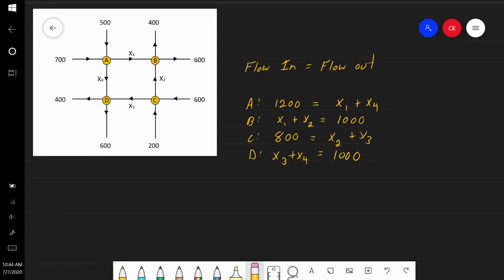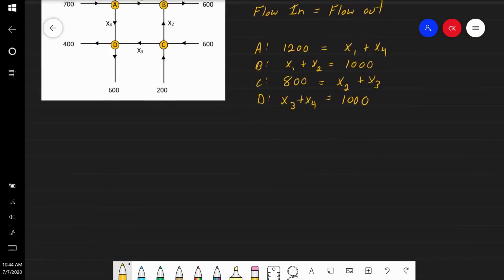So that's our setup, but it doesn't look like something that's very usable from our standpoint in terms of a system of equations. And you'll also note that not all of the variables are present within those equations, but that's okay. We can put them in with coefficients of 0. So let's rewrite our equations for intersections A, B, C, and D in a format that's going to be a little more usable for us. Intersection A will look like x1 plus 0x2 plus 0x3 plus x4 equals 1,200.